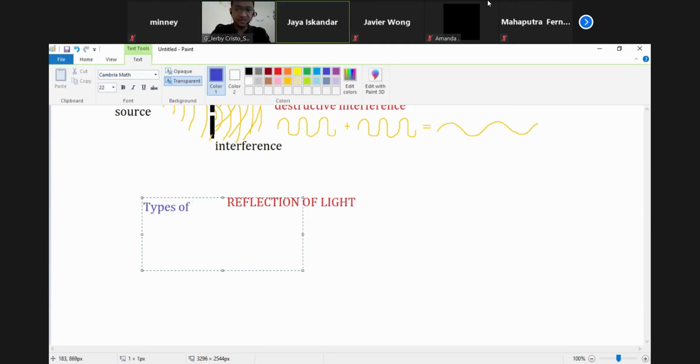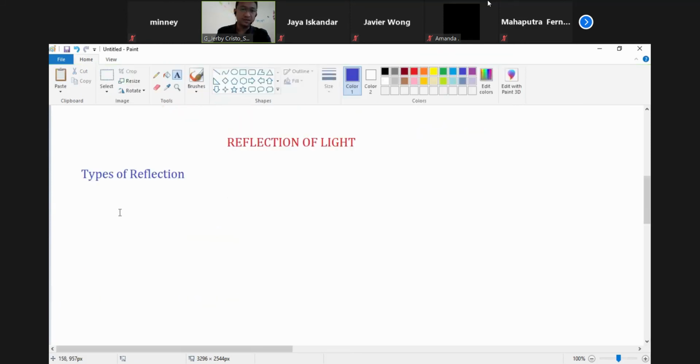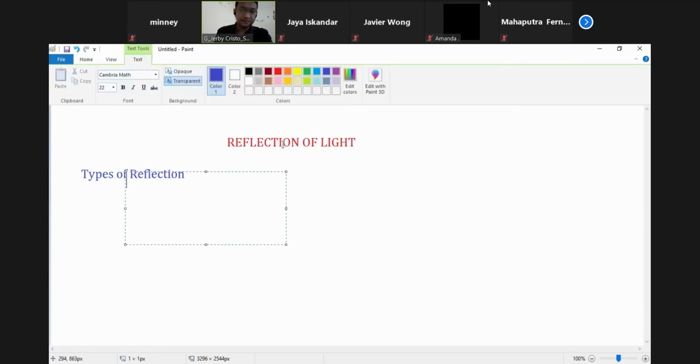Okay, yes, that is correct. So we have regular reflection and diffuse reflection. So let's enumerate here.